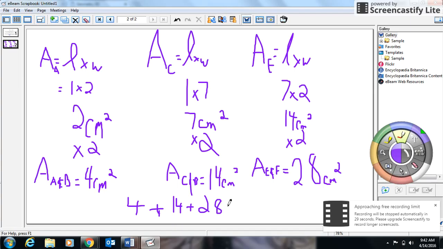So that would be 42. Plus 4 is 46 centimeters squared. Ladies and gentlemen, that is as easy as figuring out the surface area of a right rectangular prism.